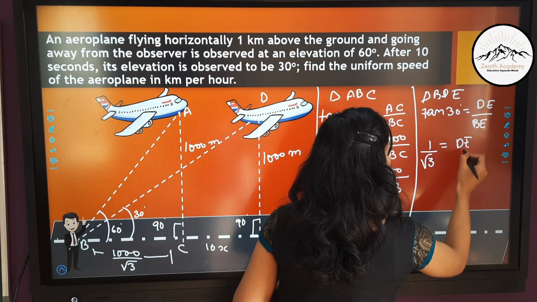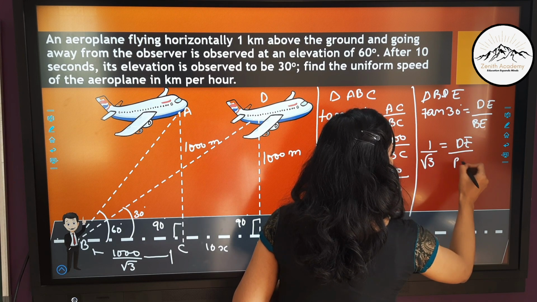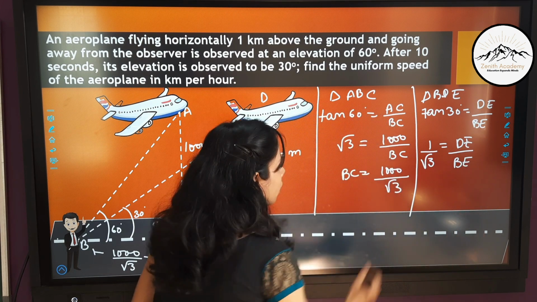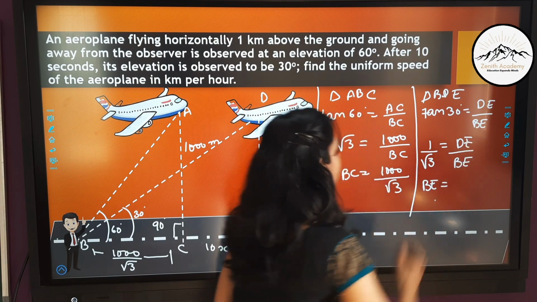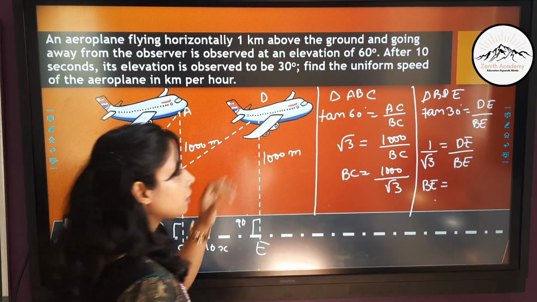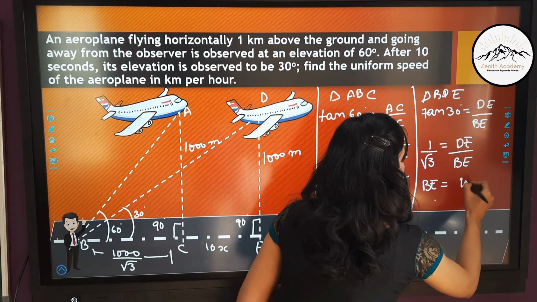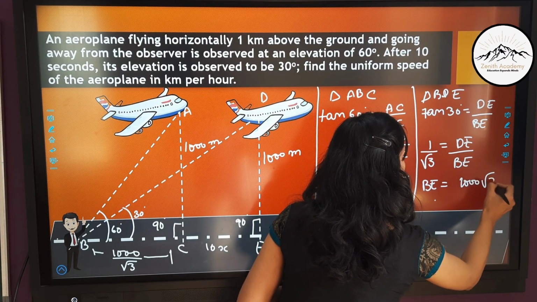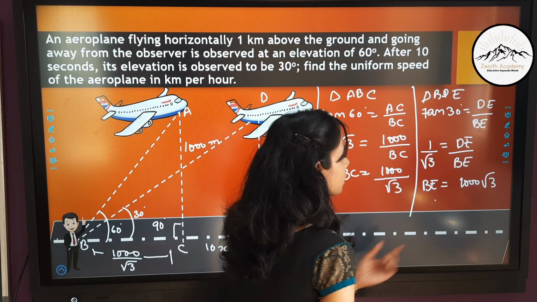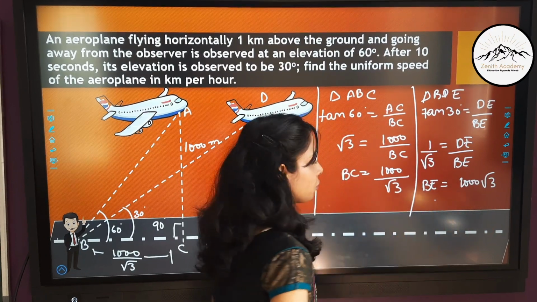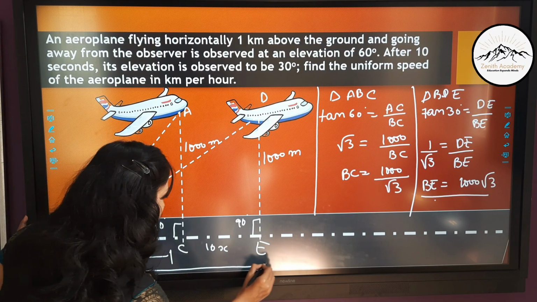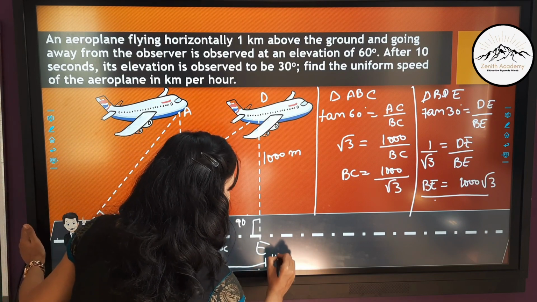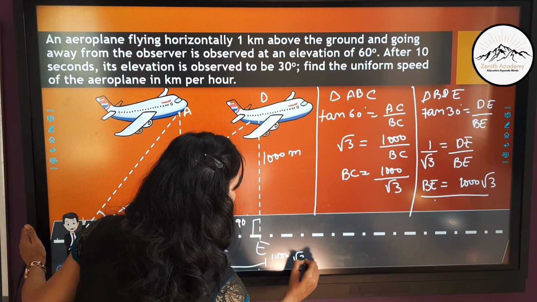So this is DE upon BE. What will be BE? DE we know is equal to 1000 meters from the figure. So cross multiplying this root 3 to this side, we'll get 1000 root 3 as BE. This whole BE is 1000 into root 3.